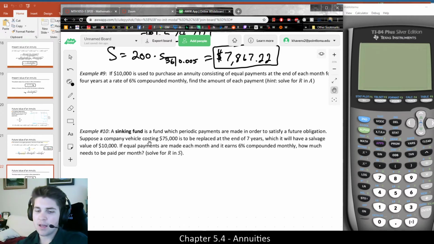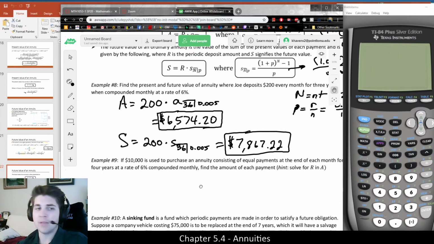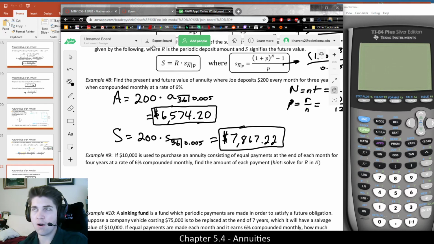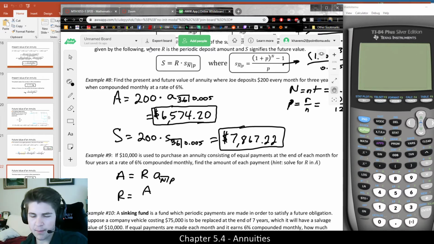If we use the original layout here, since we're looking at the present value, which is our current purchase price, capital A, we know A and we know all the components: the interest rate and the time frame, which is everything involved in little a. So what we don't know is R. We could write that as A is equal to R times little a evaluated at n and p, but we could solve for R by dividing A by little a at n and p and taking that ratio.